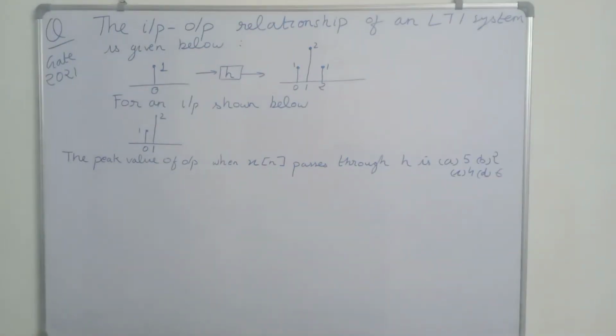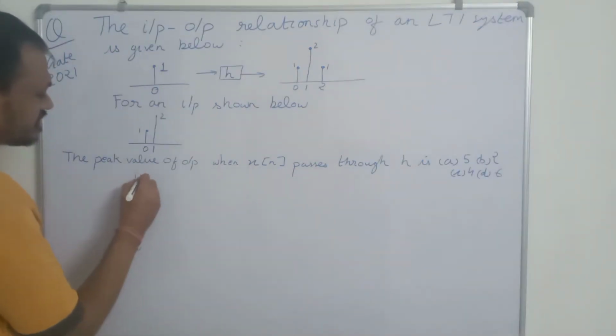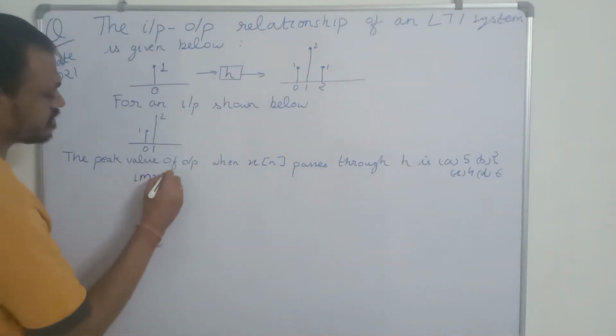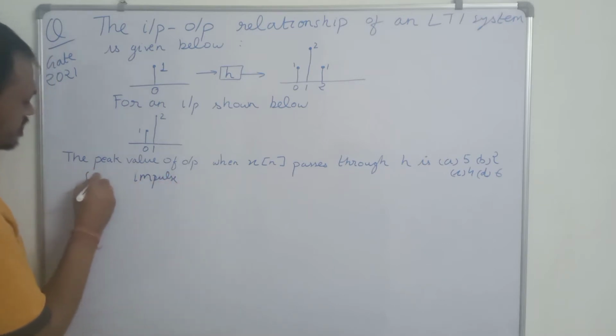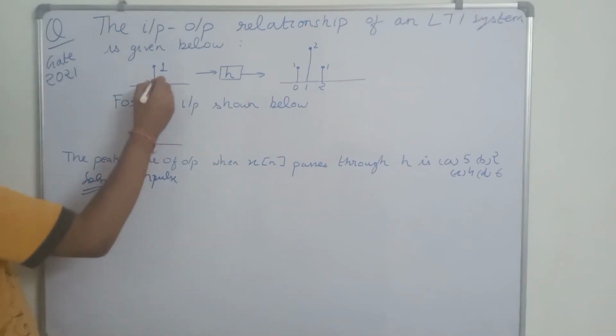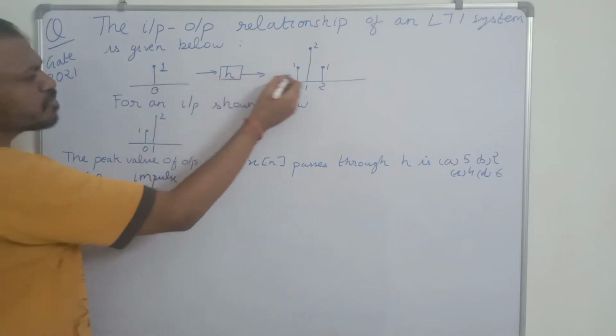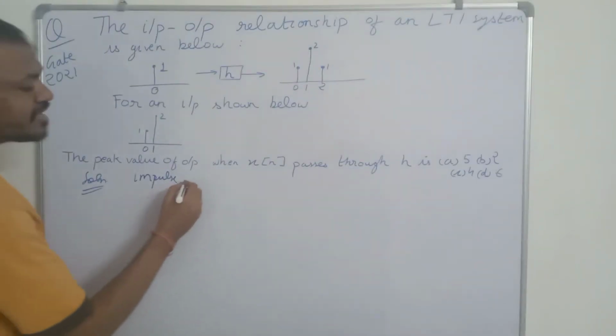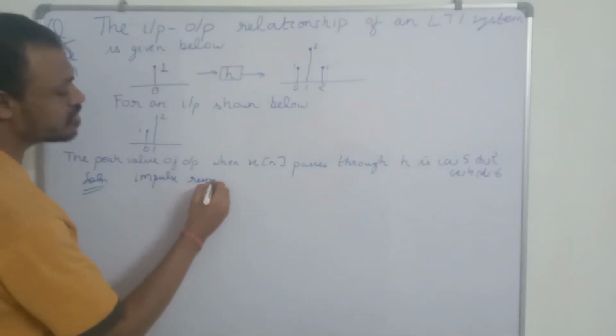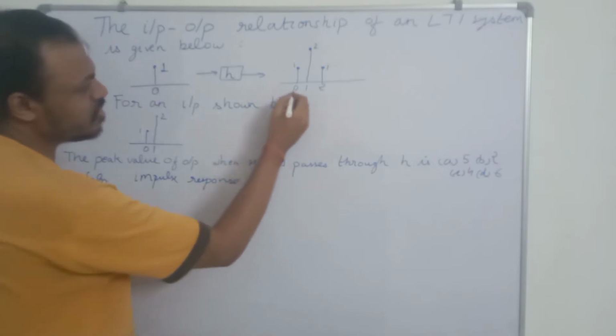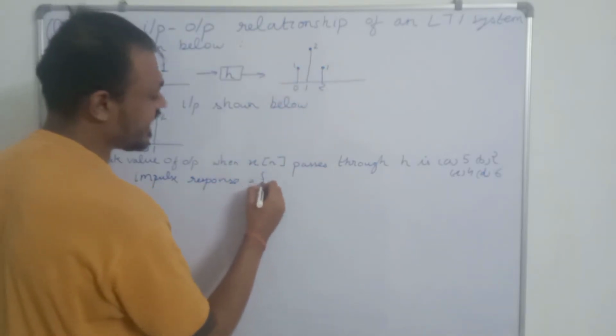at 0 it has magnitude 1. So impulse response is, because this is an impulse input, its output will be an impulse response. So impulse response will be equal to, at 0 the magnitude is 1, so delta n.